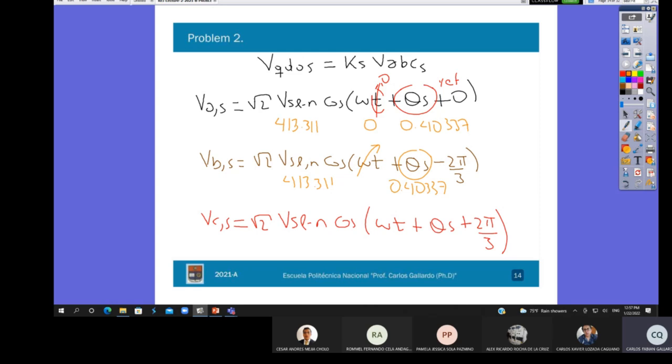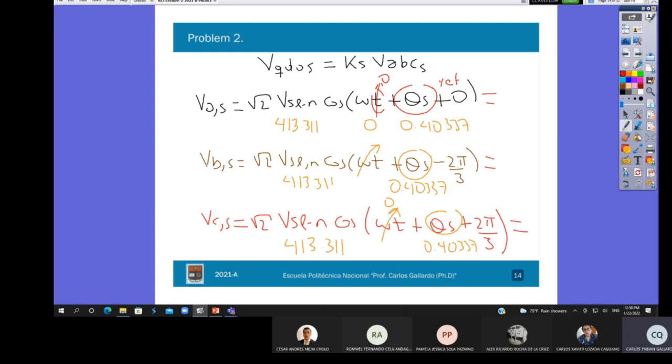The same here: this is 0, this is 413.311, and this angle is in radians, so we will have 0.40337.